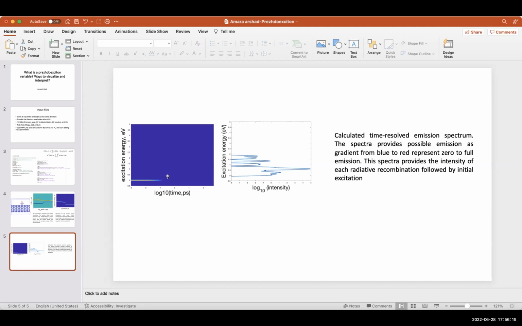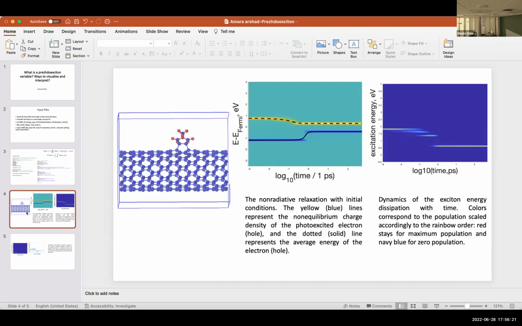Okay, yes. Let's go to the previous figure. Maybe Dr. Hunt has questions, from either the fundamental or practical side.